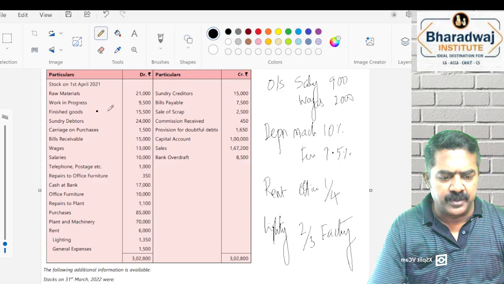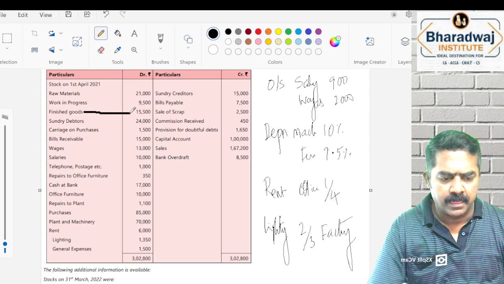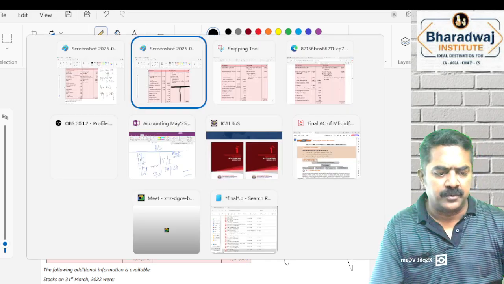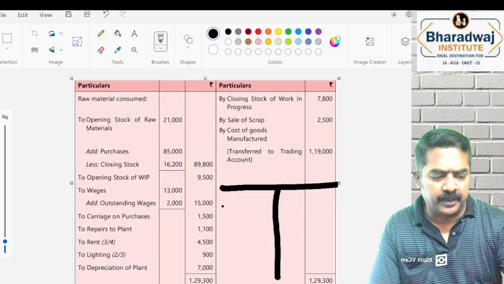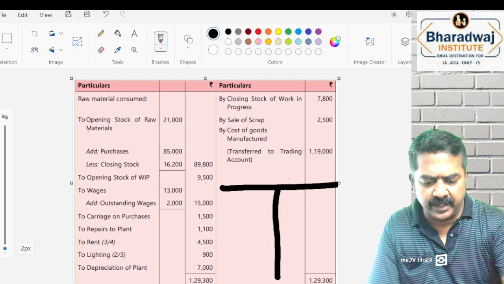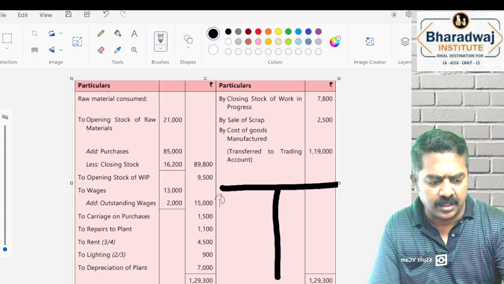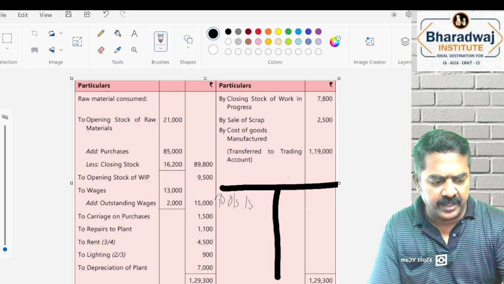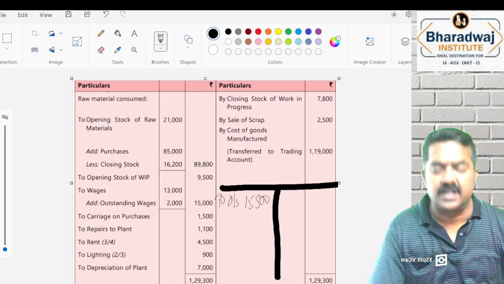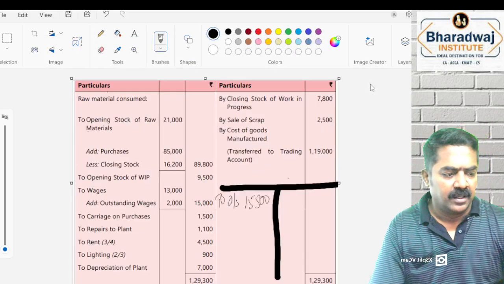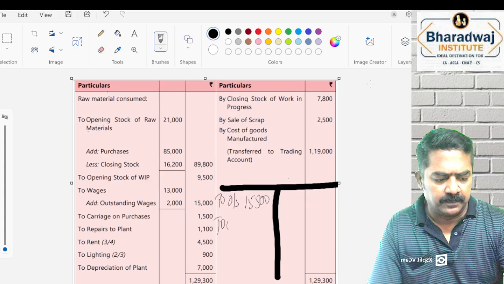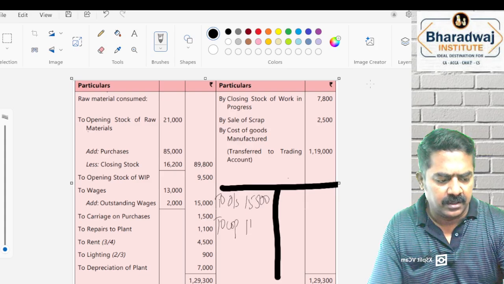This opening finished goods will come. What is opening finished goods? That 15,500 will come. Opening stock 15,500. This cost of production will come. What is the cost of production?